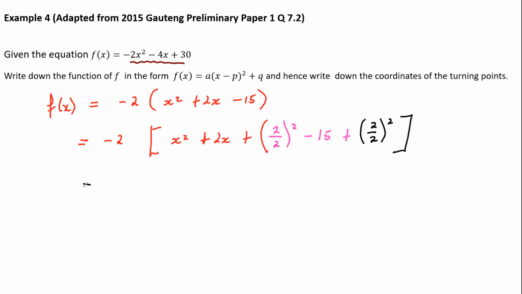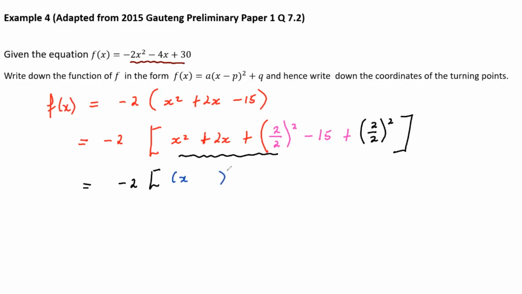There you are. -2 is on the outside. And then you factorize this part right here. So now I've got (x plus 1) squared, the number in the bracket and its sign, plus 1. Then when I deal with the maths of this one, I get -16. And then eventually the -2 will multiply inside: -2 times (x plus 1) squared plus 32, since -2 times -16 is plus 32.